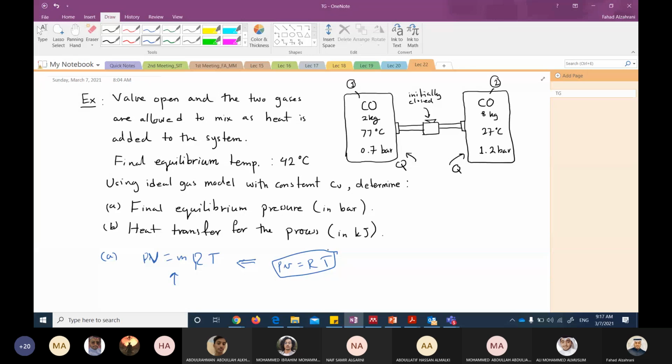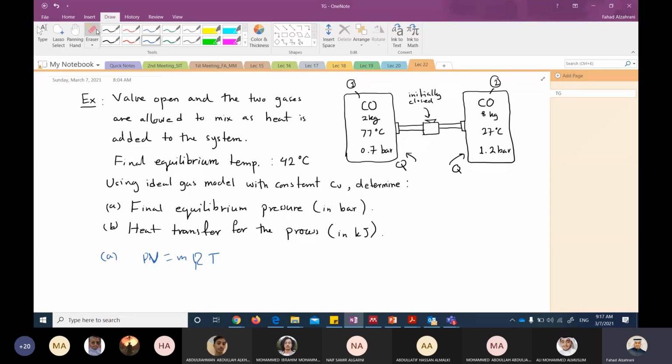Now we want the final pressure. I told you that the final pressure and temperature are the equilibrium pressure and equilibrium temperature for both tanks. The two tanks mix, and they all reach the same final temperature and pressure.